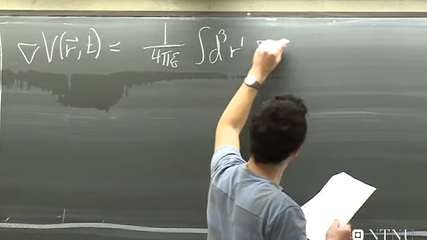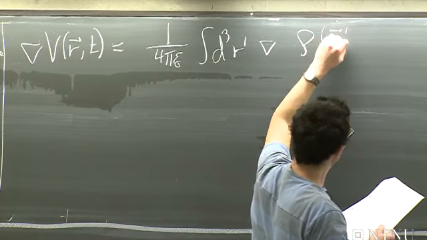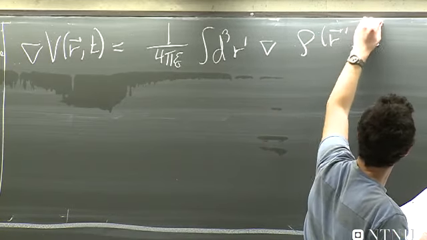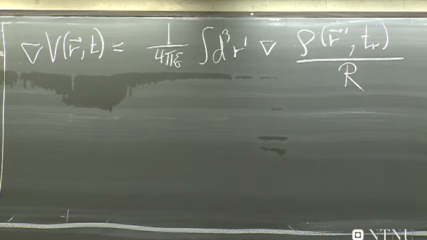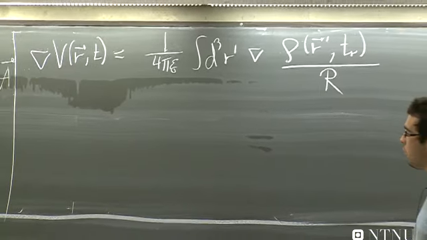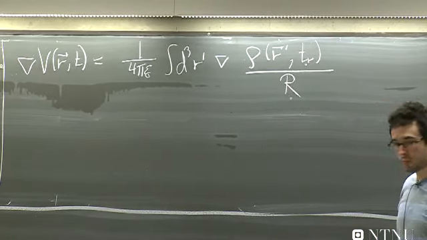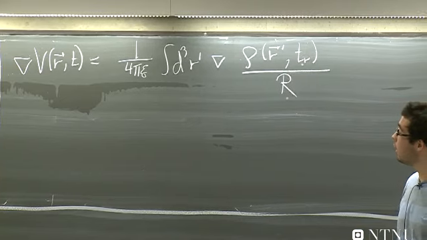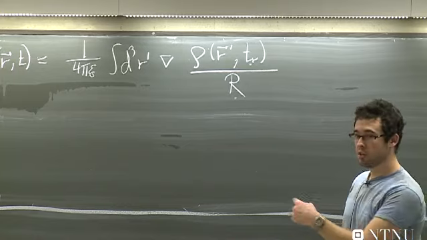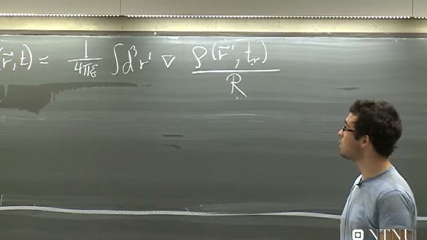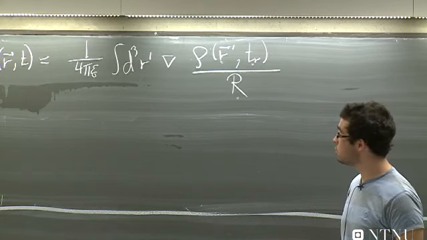So the gradient of rho of r prime, t_R, over R. And now the dependence on the r vector without the prime is in the retarded time and in this denominator, meaning I can perform some operations to see what this means without knowing the spatial distribution of the charge distribution itself.